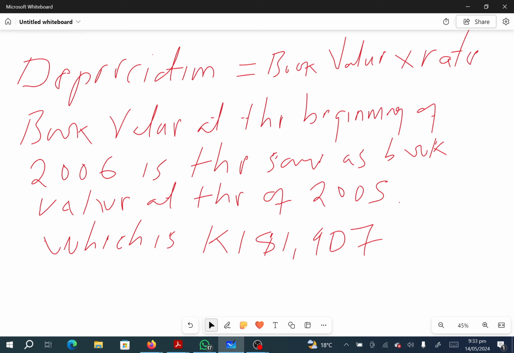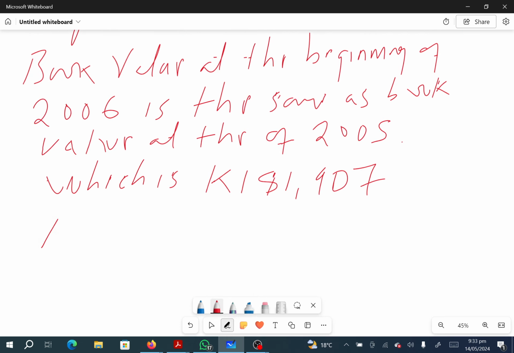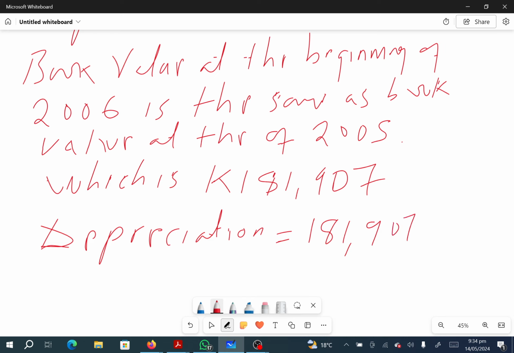So we can now say depreciation is equal to the value in 2006, which is 181,907.